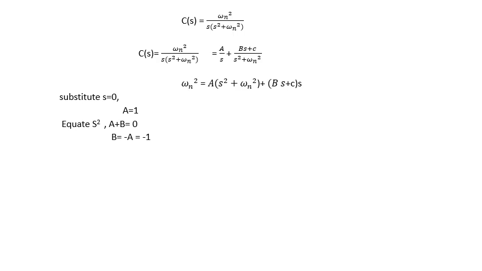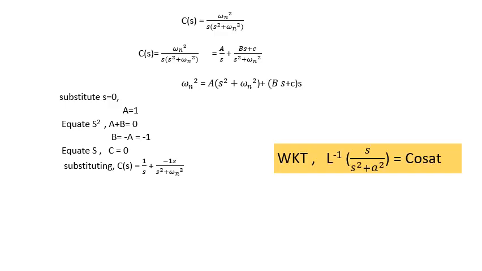Equating the s square component on both sides, I get B equal to minus 1. And equating the s terms, I get C equal to 0. So I substitute the values obtained in the expression. C of s becomes 1 by s plus minus 1 into s divided by s square plus omega n square. Now this is very important.